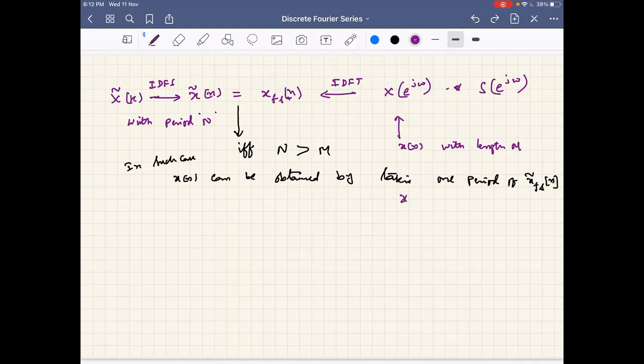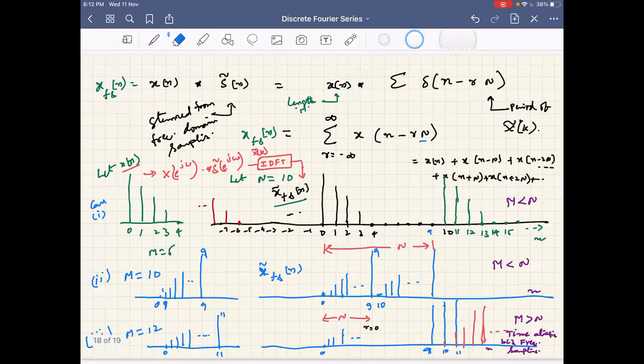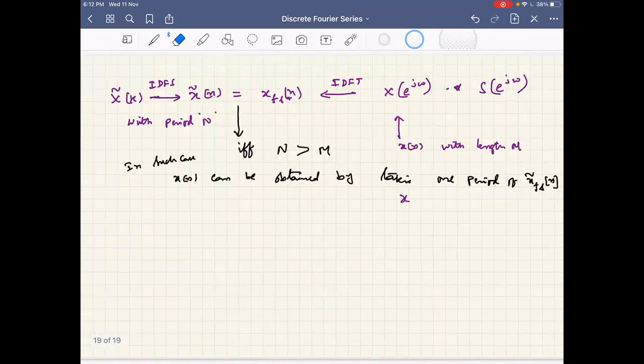By taking x of fs directly we can write here, because if you consider it as an impulse train, it keeps repeating. So by taking one period of x tilde of fs.